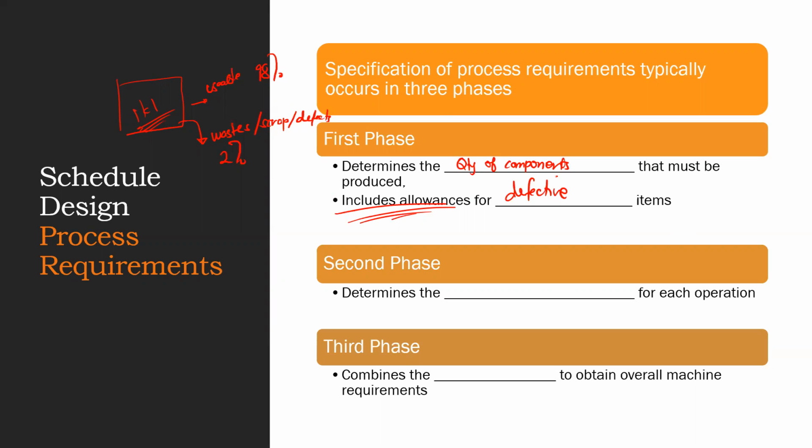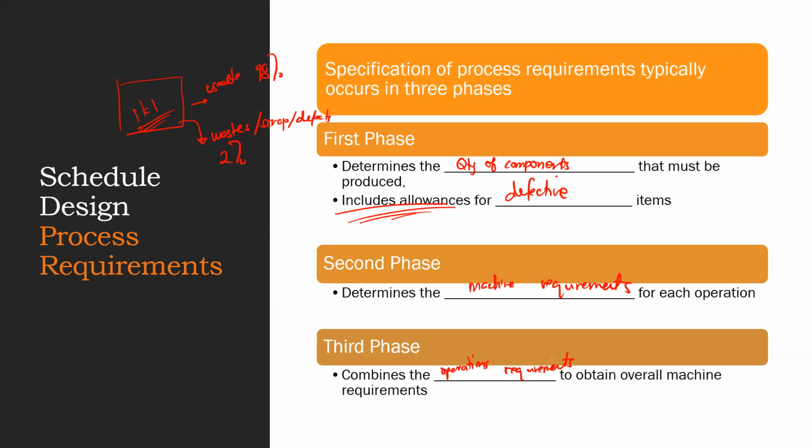for defective items. Okay? The second piece is determining yung ating machine requirements for each operations. Dito tinitingnan din natin yung timing. Kailan ba ako magkakaroon ng machine? Saan ko ba ilalagay? Then the third for the schedule design phase is combining yung operations requirements to obtain the overall machine requirements.